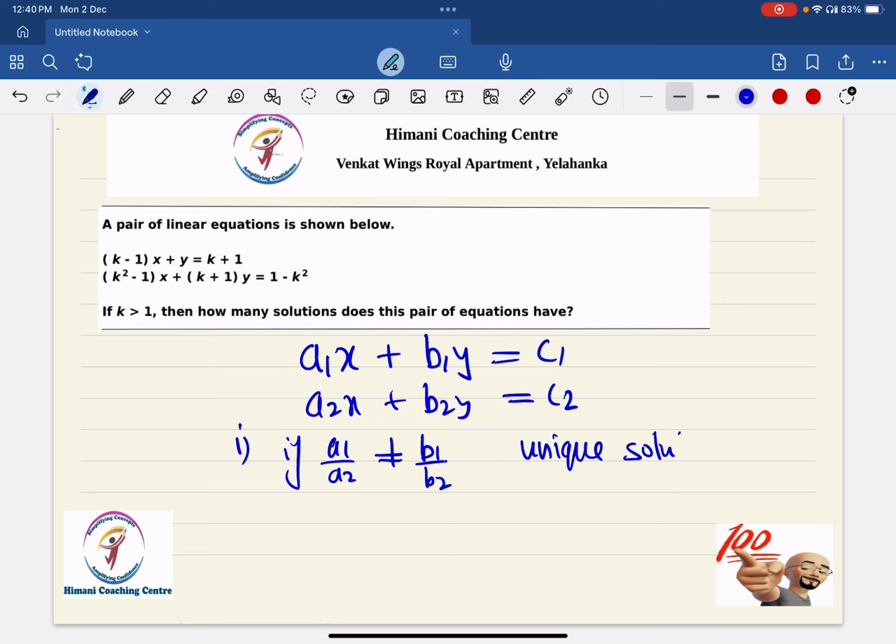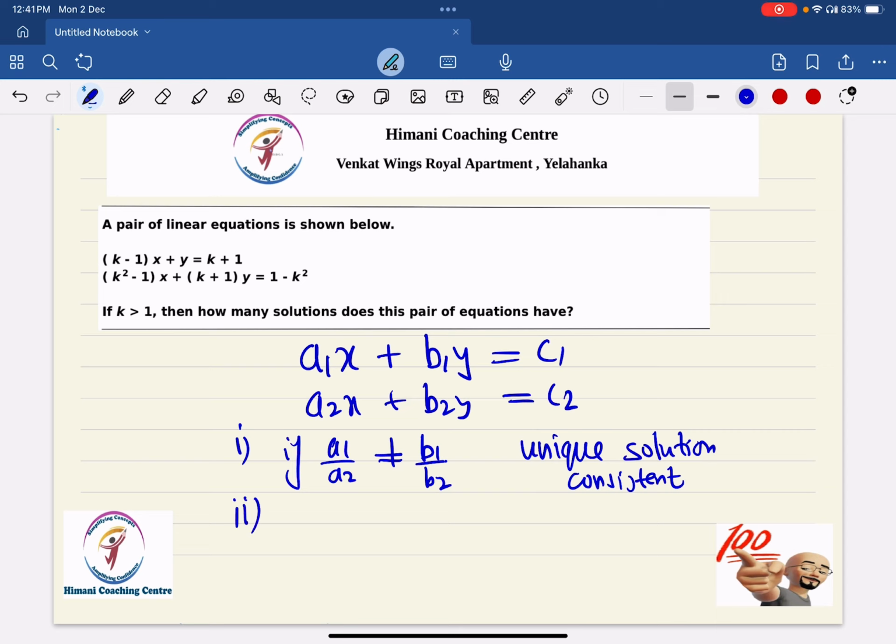The lines are consistent and there is only one solution. Understand that a1 is the coefficient of x, b1 is the coefficient of y, c1 is the constant in equation 1. Likewise, a2, b2 and c2 respectively are the coefficient of x, coefficient of y and constant for equation 2.